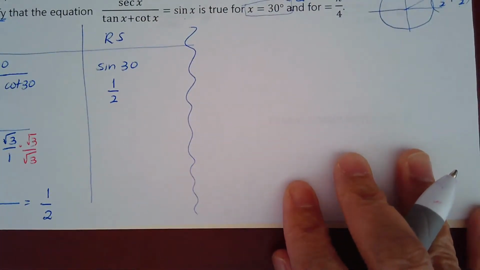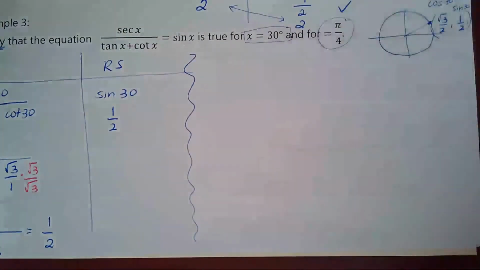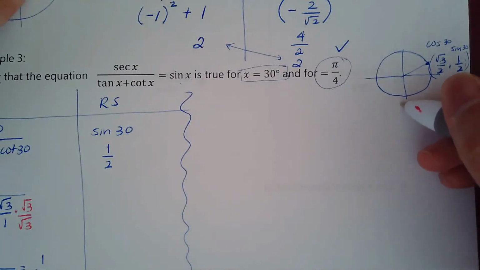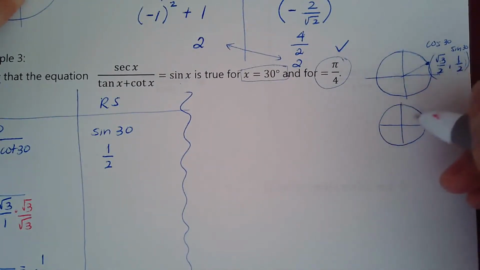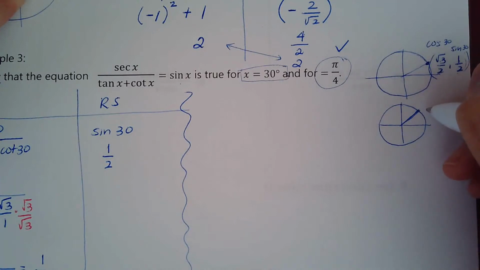Now we're going to try that for pi by 4. Well, where is pi by 4? Pi by 4 looks like this. This is pi by 4. What are the coordinates there?